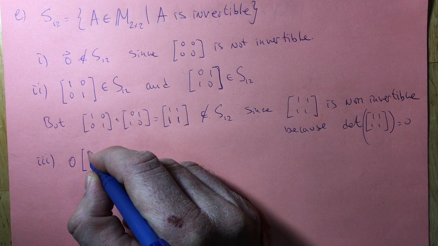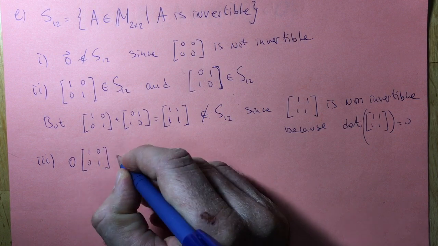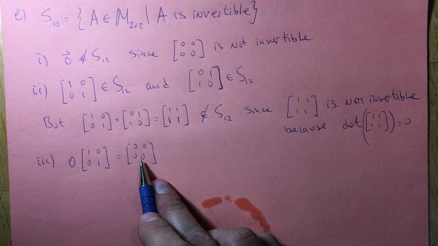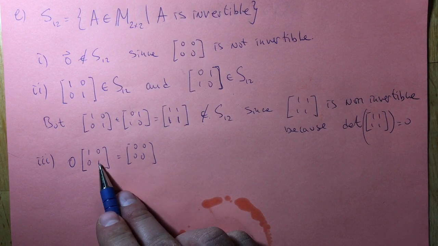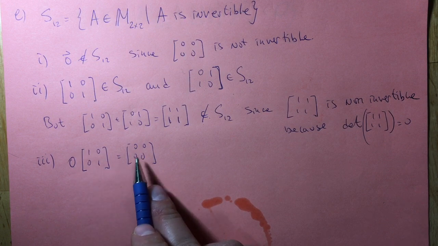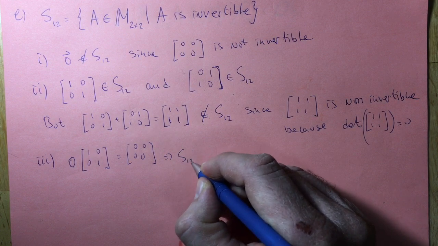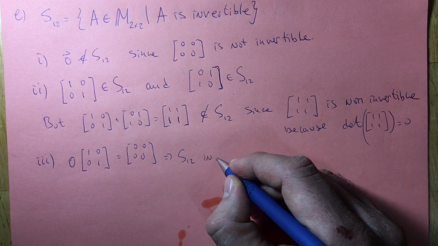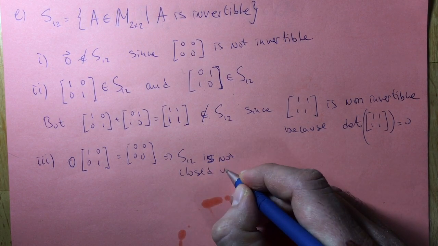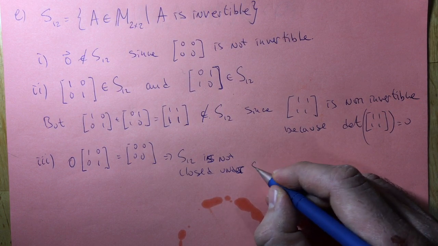So 0 times [1, 0; 0, 1] gives me just the 0 matrix. And that's non-invertible, right? So this is an invertible matrix, and I'm multiplying it by 0, which gives me the 0 matrix, and we know that the 0 matrix is non-invertible. So that means that S12 is also not closed under scalar multiplication.